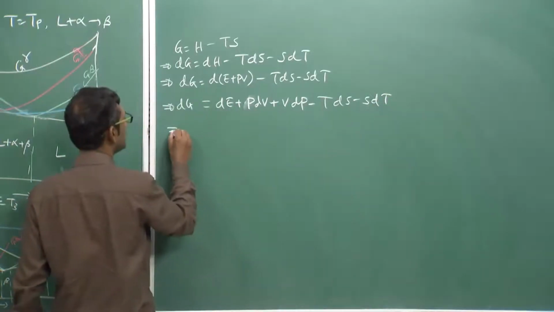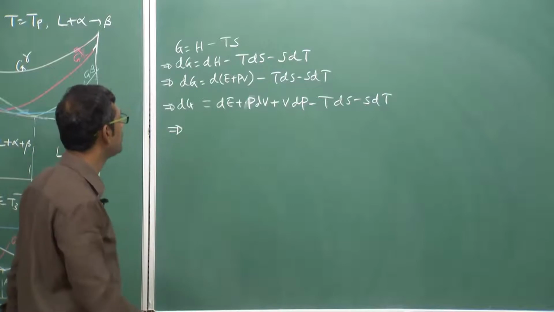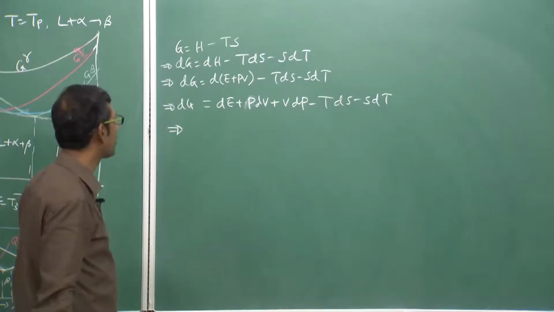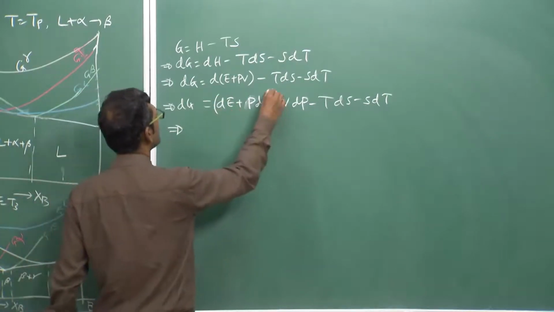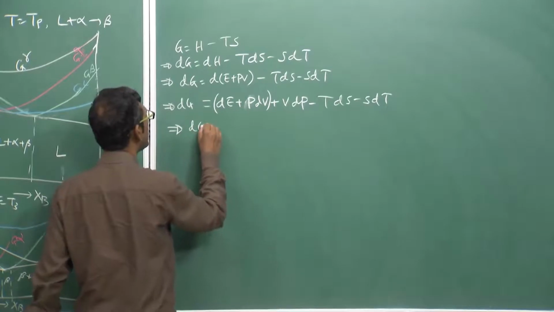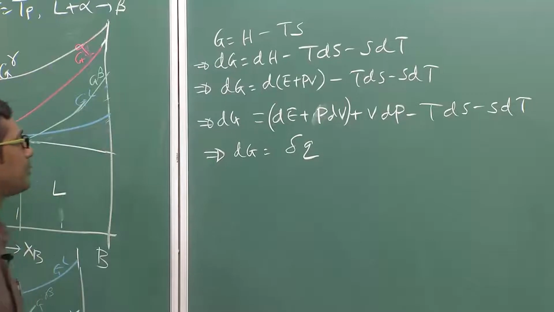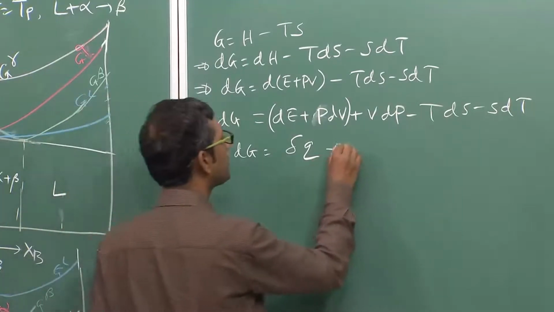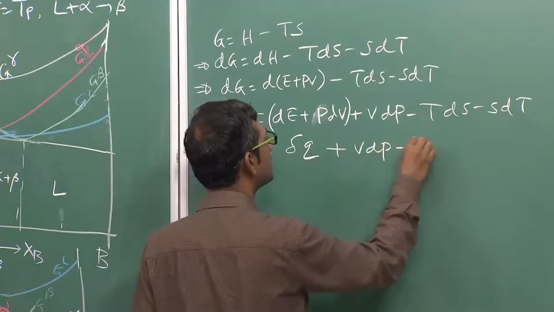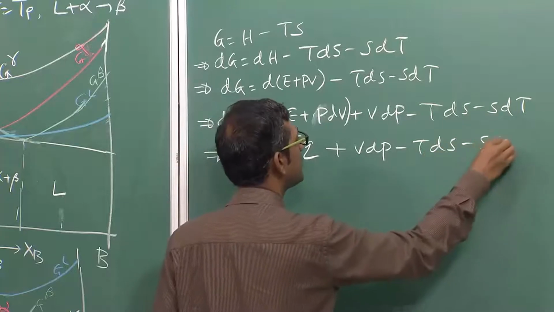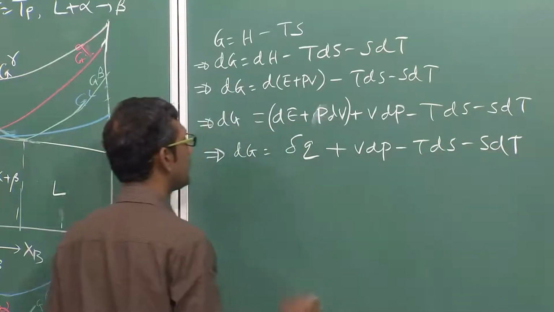So the next step is to use the first law of thermodynamics. The first law tells you that the two parameters within the parenthesis are nothing but heat, delta Q. So that's plus VdP minus TdS minus SdT, right.